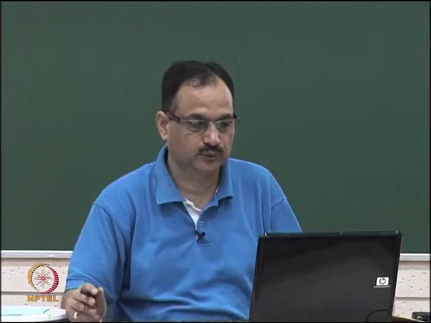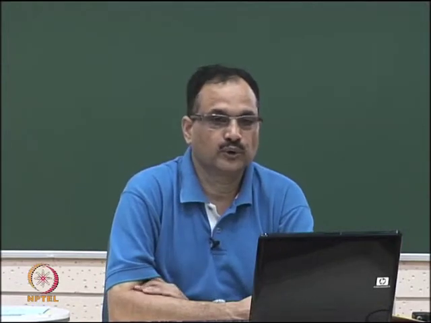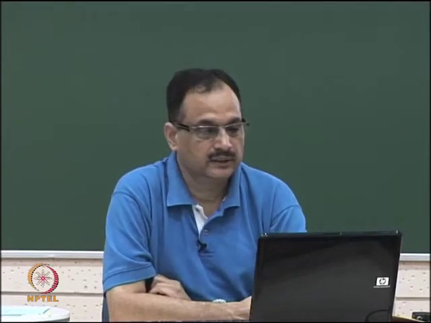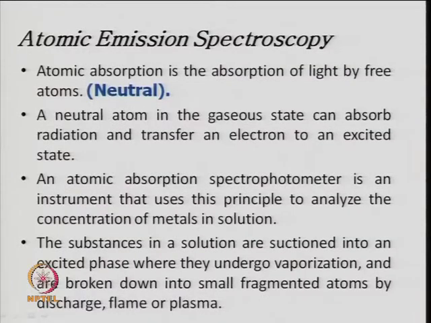So, that is important. In atomic absorption, we have the absorption of light by free atoms. Here we are not talking about any ions, electrons, photons or X-rays; it is a neutral technique. A neutral atom in the gaseous state can absorb radiation and transfer an electron to an excited state, which depends on the type of metal.